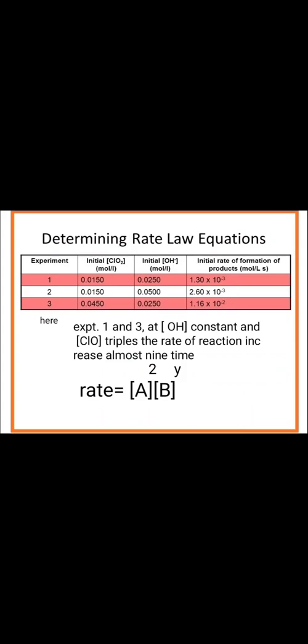Now see experiments 1 and 3. The OH minus is constant, that is 0.0250, and that of ClO2 is tripled. The rate of reaction increases by almost 9 times.